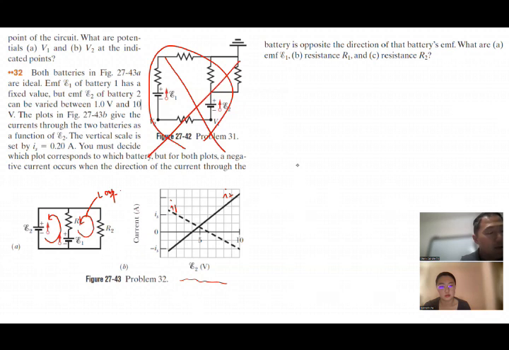Okay, yeah, this should be loop 2, and this one is loop 1. So we have to separately apply the junction rule and the loop rule to the two separate loops. Let's take a look at number 1. We first apply the loop rule for loop 1.